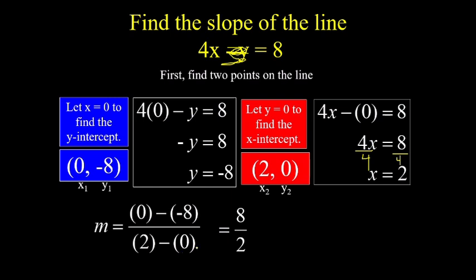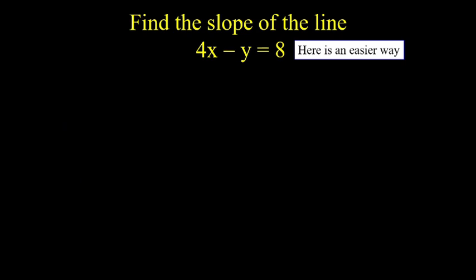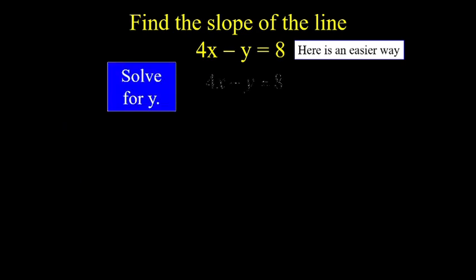Dun na kayo mag-indicate ng slope. So, add its opposite. 0 plus 8 is 8. And 2 minus 0 is 2. So, divide 4. So, here's an easier way. So, solve for y. Ito yung alternative. Ngayon, ilipat nyo tong isa dito, kasi value ni y yung hahanapin natin.